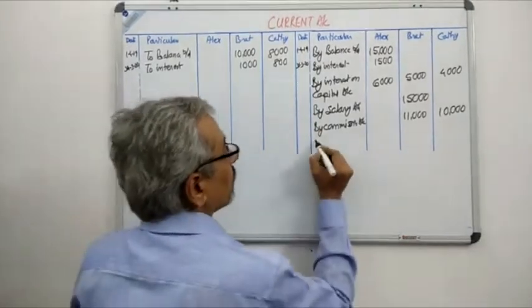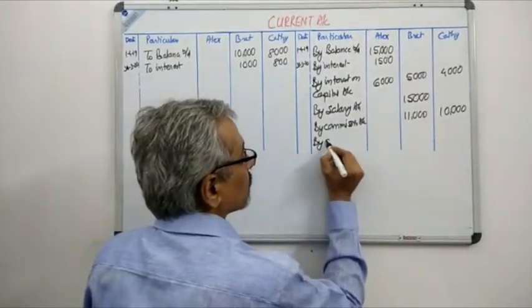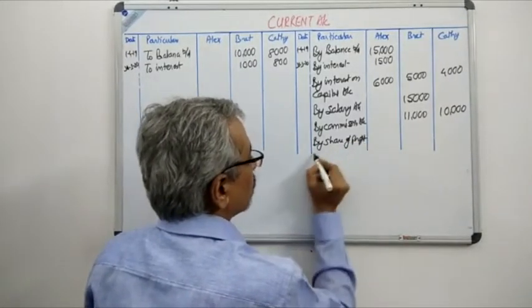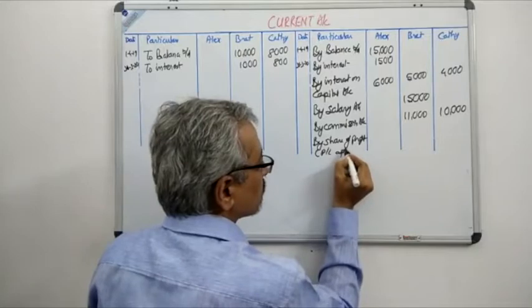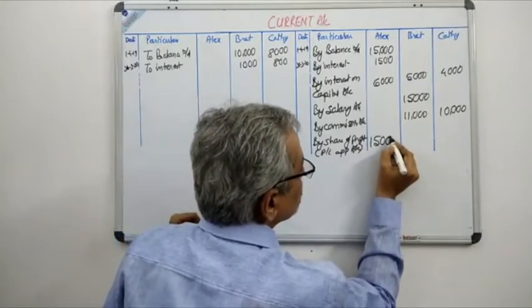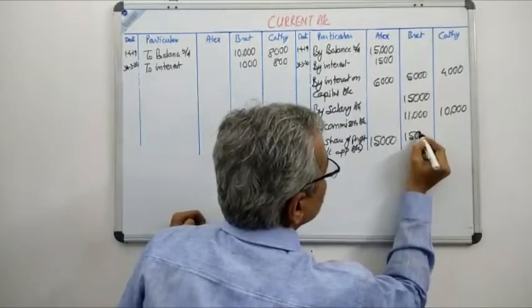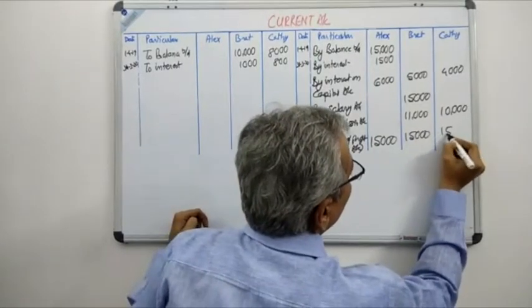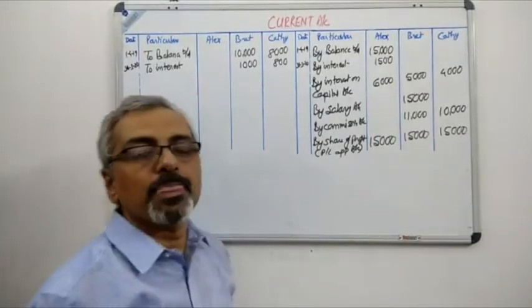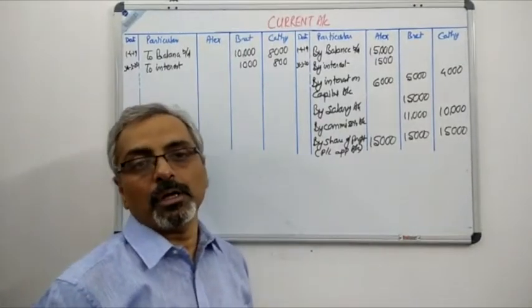So next one is by share of profit. We can also write profit and loss appropriation account, 15,000, 15,000, 15,000. So these are the entries which are there in the credit side of the current account.